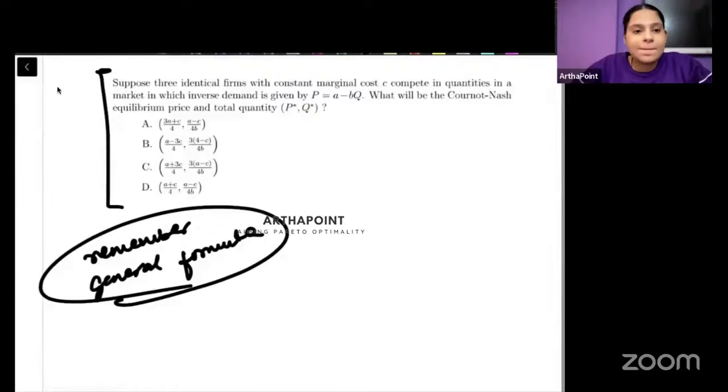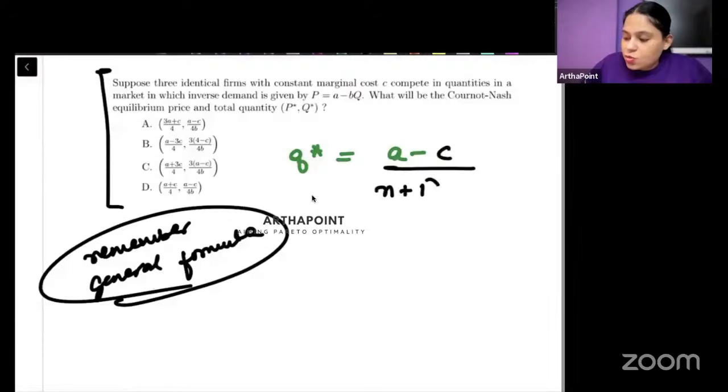Okay. Others? What's the general formula of Q star?